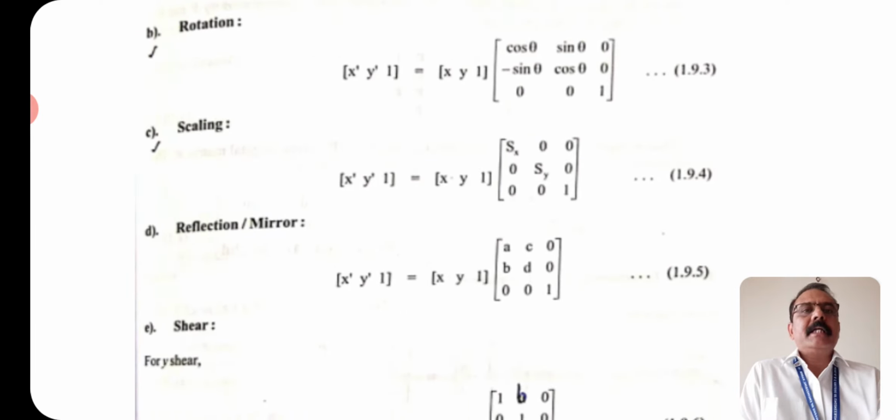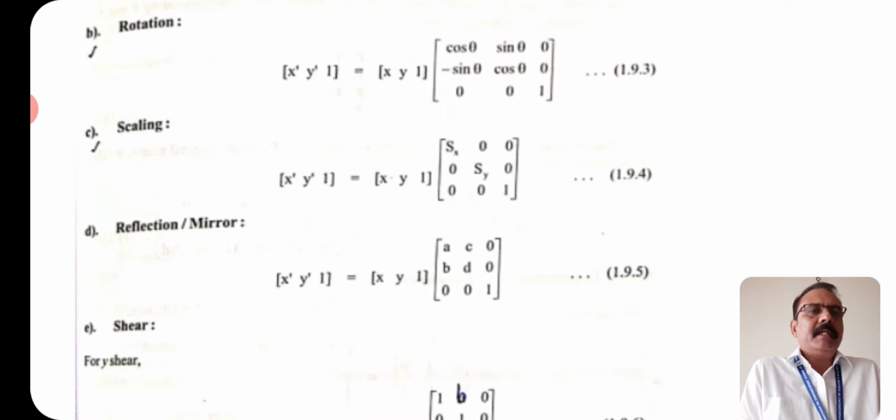Similarly, scaling: x dash y dash 1 is equal to x y 1 times the matrix sx 0 0, 0 sy 0, 0 0 1. Then next is reflection, also called mirror transformation. x dash y dash 1 is equal to x y 1 times the matrix a c 0, b d 0, 0 0 1, where a b c d is the reflection matrix, that is reflection about x-axis, y-axis, about origin, about y equals x, and about the line y equals minus x.